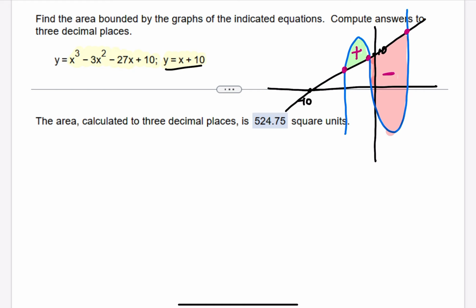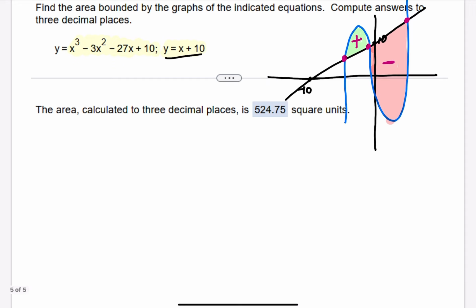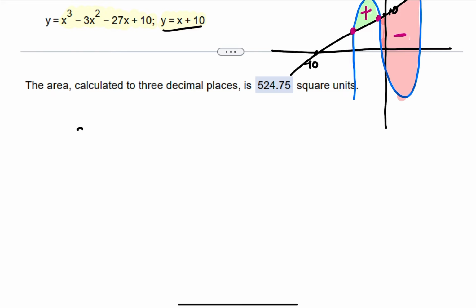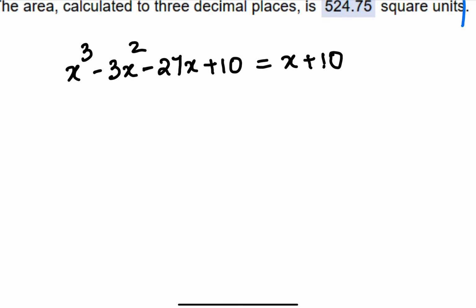Now the only thing is, how do I get to these intersection points? Very simple. What we do, like always, is we equate the equations to find the point of intersection. X cubed minus 3x squared minus 27x plus 10 is equal to x plus 10. That's how you find your point of intersection.